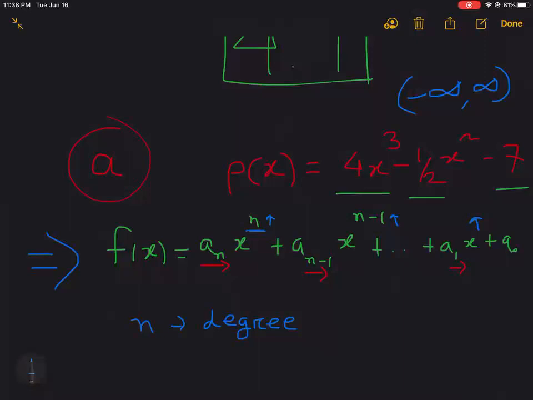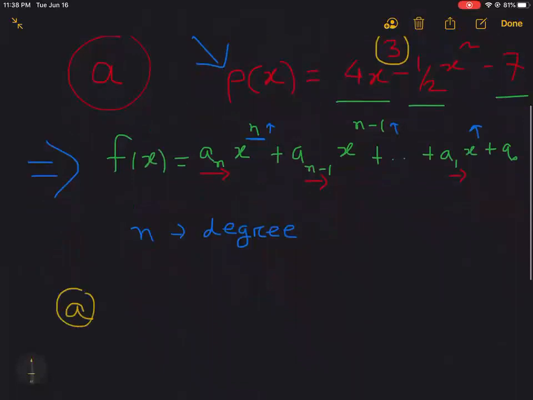The highest exponent in your polynomial is called the degree. So, if we just quickly go back to our problem, can you see the highest exponent here? It's 3. So for that problem, for A, we'll say the degree of A is 3, right?